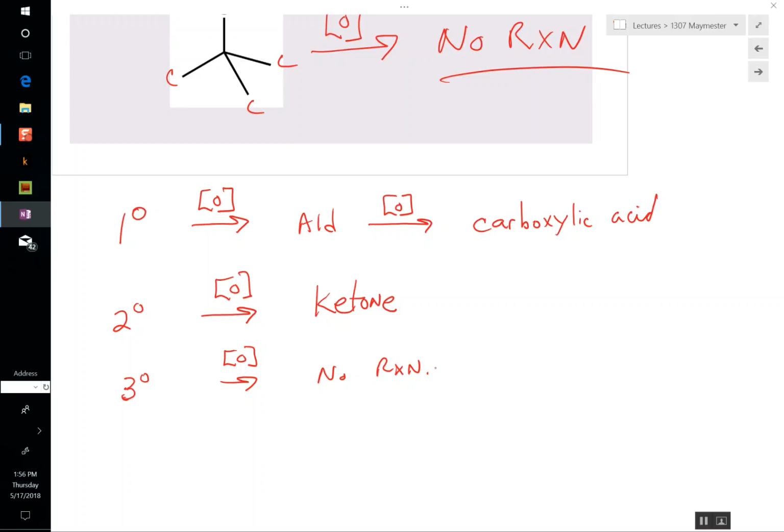So I need to start designating which propanol. There are 2 propanols: a 1 propanol and a 2 propanol. I don't just assume by default that the word propanol means it's on the end. If it has 2 different places where it can be, then I need to specify.